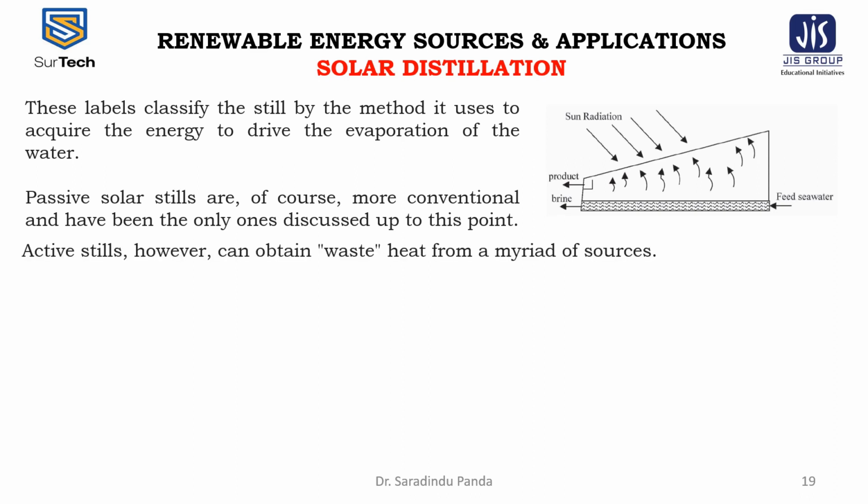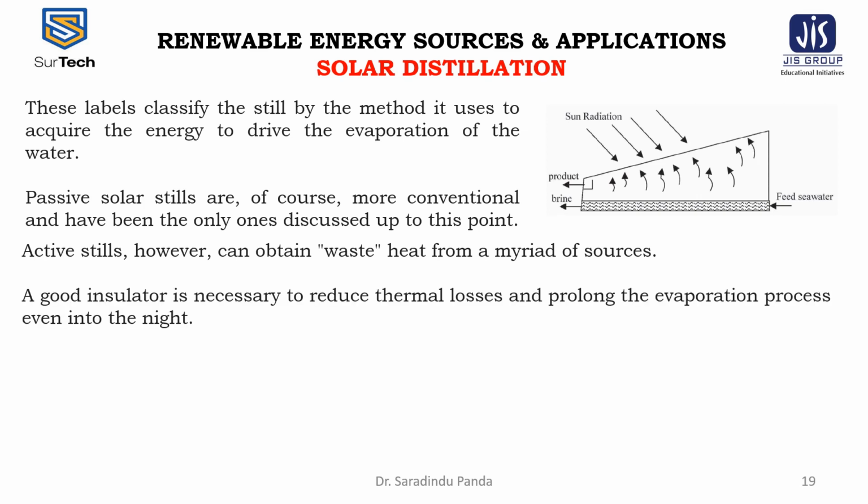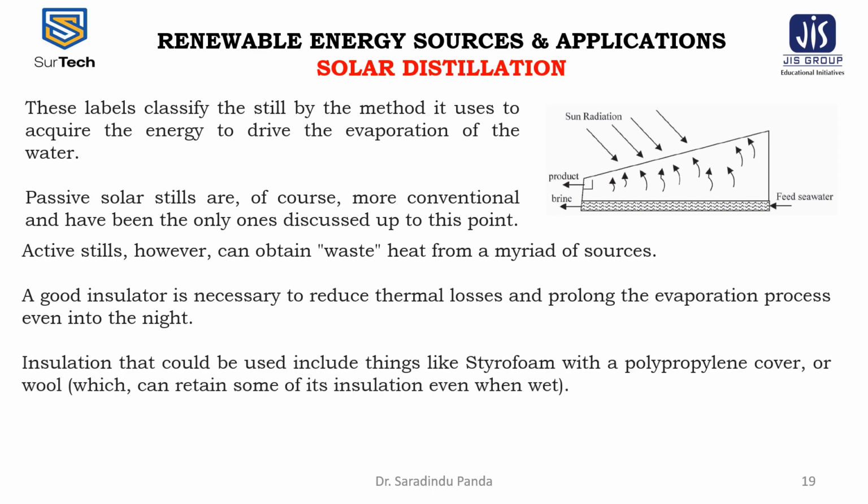Active stills, however, can obtain waste heat from a myriad of sources. A good insulator is necessary to reduce thermal losses and prolong the evaporation process even into the night. Insulation that could be used includes things like styrofoam with a polypropylene cover, or wool.